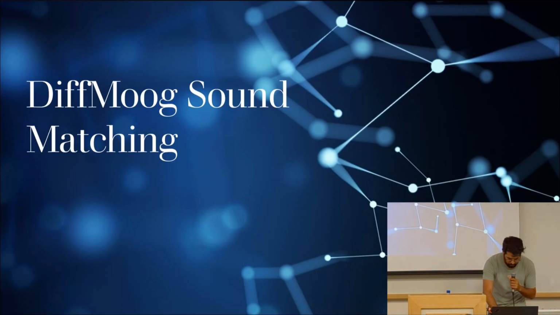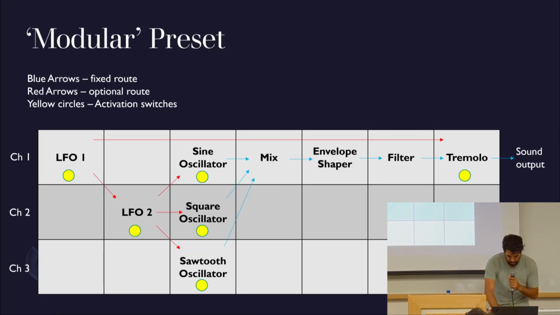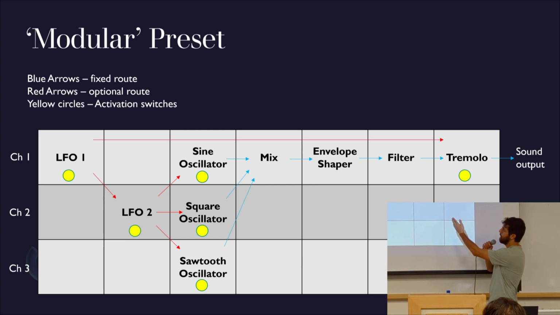Okay, and now we see along sound matching the DiffMoog. We must use some preset. This is just a preset that I chose that reflects behavior like this synthesizer and endless other synthesizers. We have 3 oscillators, mix them. We can have an envelope shaper along the volume.